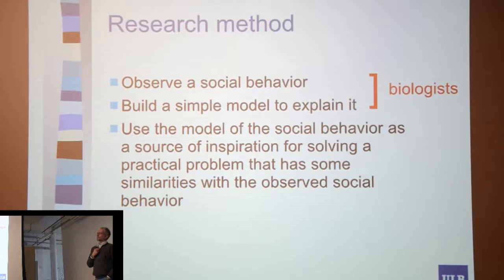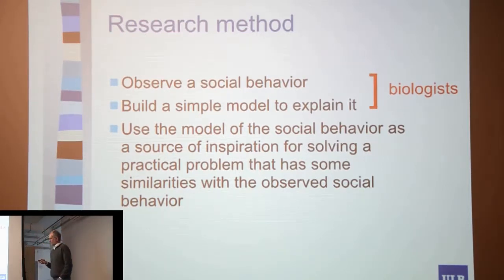So the research method that has been historically used is that there are some biologists that observe a social behavior and build a model, trying to make it as simple as possible, to explain this behavior.